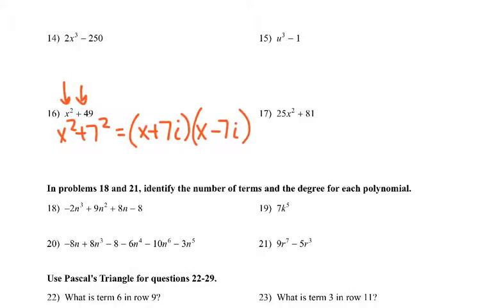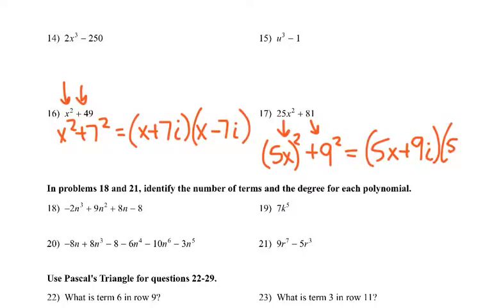On 17, 25 is like 5 squared, x is like x squared, so 5x squared plus 81 is 9 squared. So that equals 5x plus 9i times 5x minus 9i. So using those notes, those formulas, you can easily do a lot of these problems.